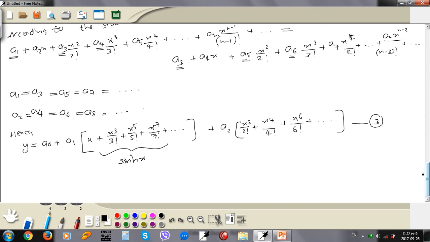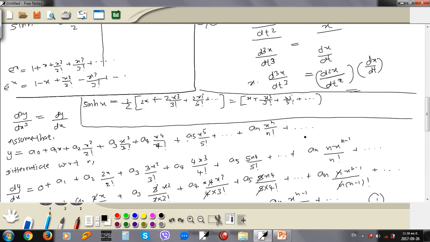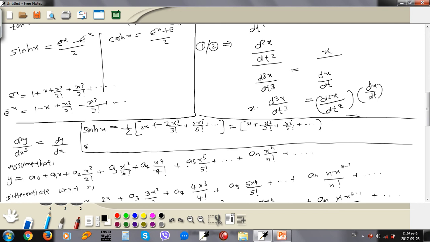And how do we go there, if we take cosh x, it means e to the power x plus e to the power minus x over 2, then half, I am going to add these two. 1 plus 1 is 2, and if we add, the odd terms cancel, plus 2 times x squared over factorial 2 plus 2 times x4 over factorial 4, likewise it goes, then these 2's are cancelled, then it comes 1 plus x squared over factorial 2 plus x4 over factorial 4 up to infinity.